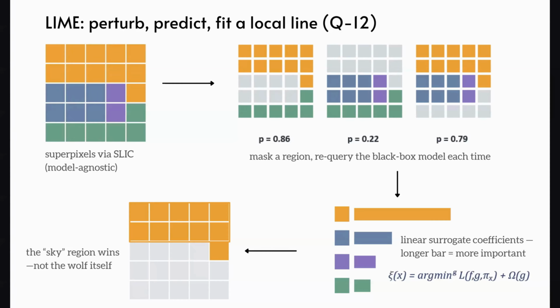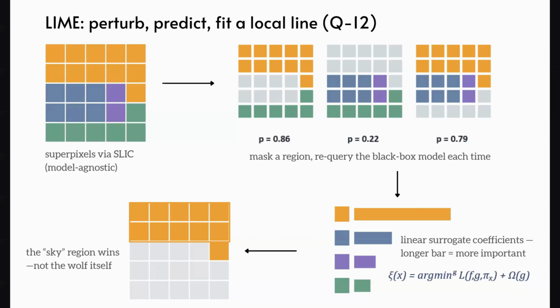But when I zoom into something, in this particular case, the zoomed in version becomes like a linear model. So instead of going global, Lime tries to interpret things locally. That is what the L in Lime stands for.